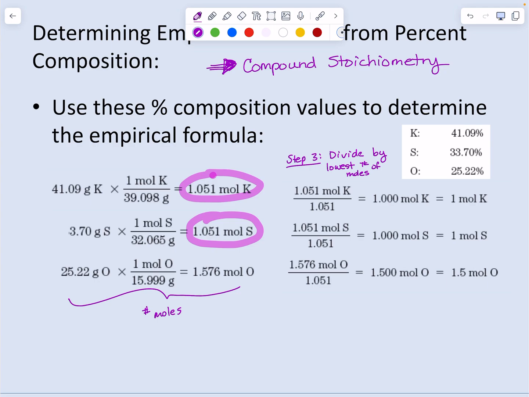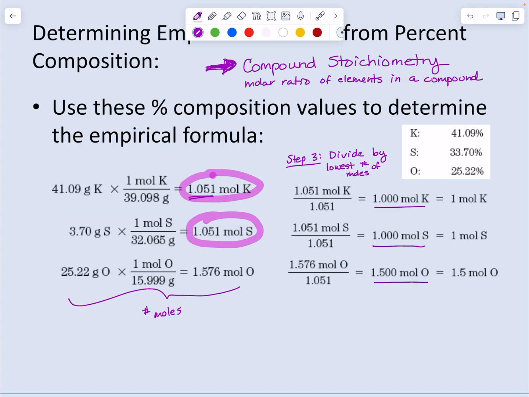Compound stoichiometry is the molar ratio of elements in a compound. When we divide by that smallest number, we're going to divide everything by 1.051. What we get is 1 mole potassium, 1 mole sulfur, and 1.5 moles of oxygen.